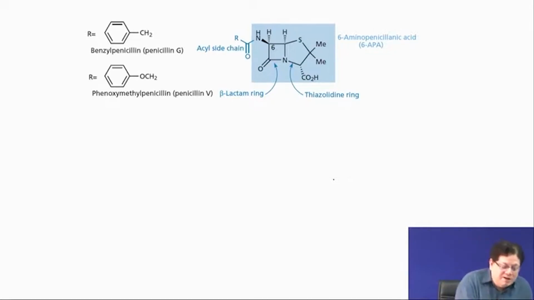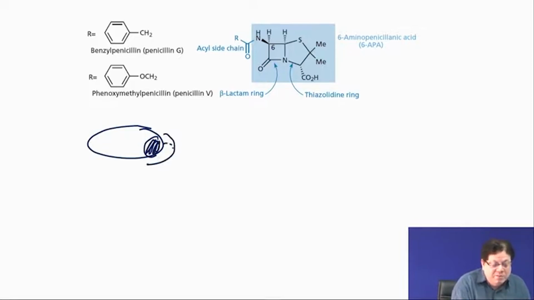So, basically, if I have a big molecule like this, and only this part is the one interacting with the enzyme, then this part is what is called the pharmacophore.